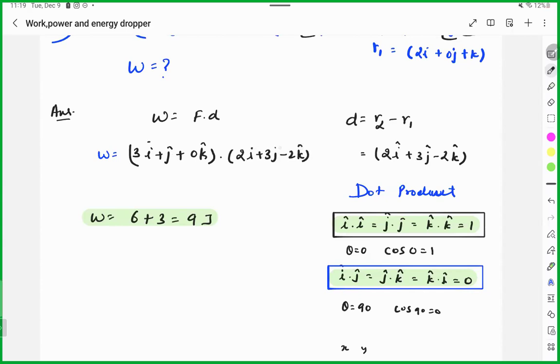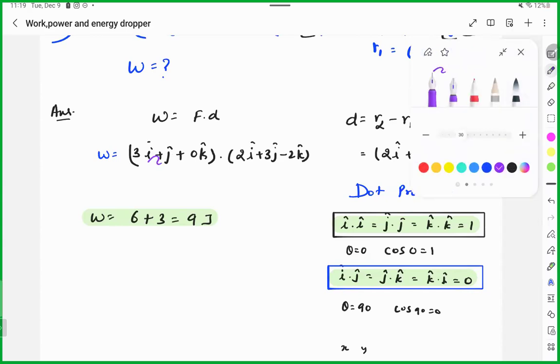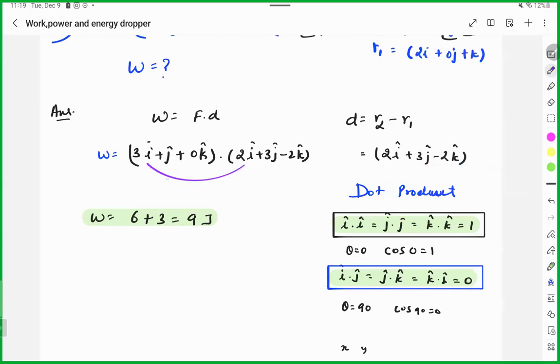So what is the benefit of this? The benefit is that 3 2 is 6, this one, 1 3 is 3, this one, and 0 multiplied by 2 is 0. Understood? Any doubt?